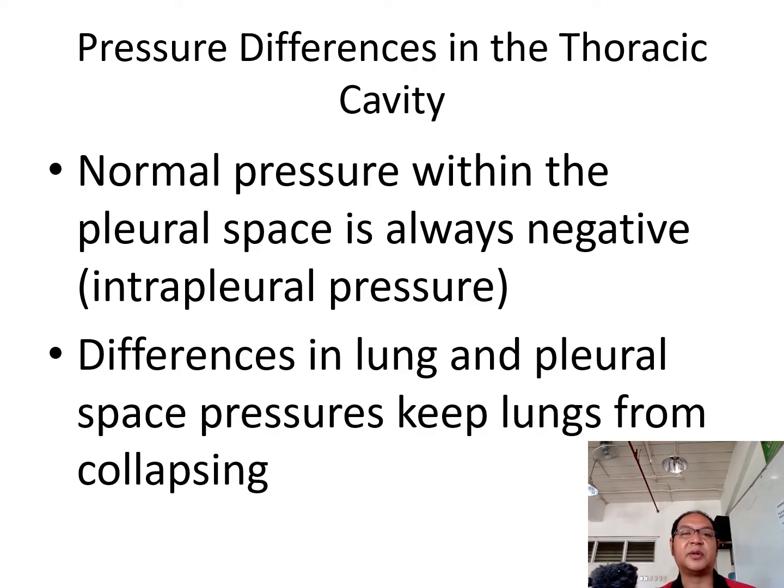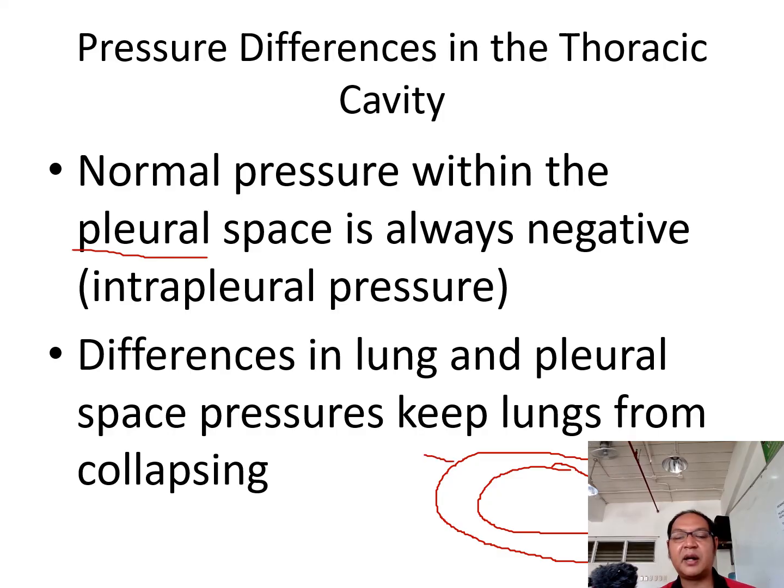Do you remember the lungs? There is a covering of the lung. For example, this is the lung. The lung is covered with serosa. The serosa is called pleura, and this is two layers. Here is the parietal pleura, and here is the visceral pleura, which is attached to the lungs.